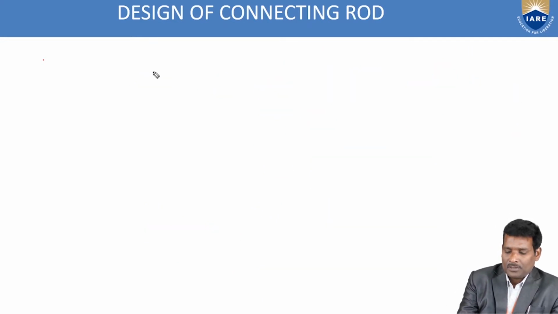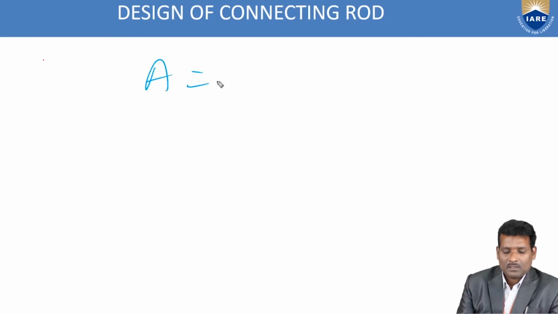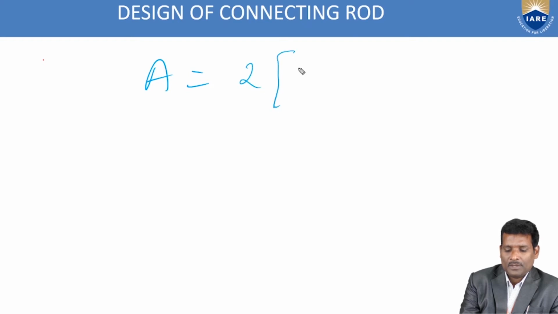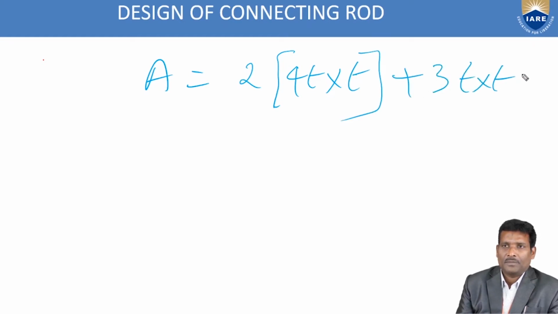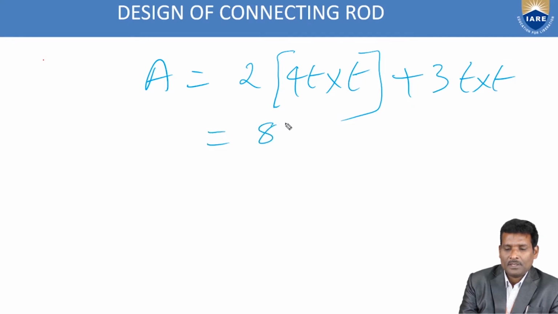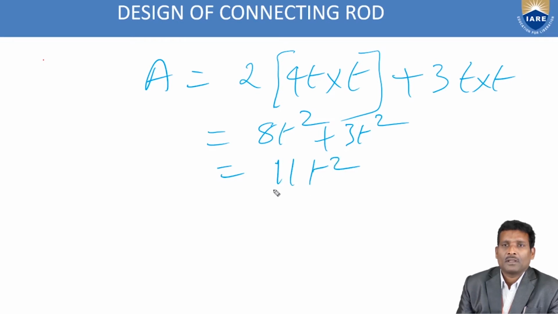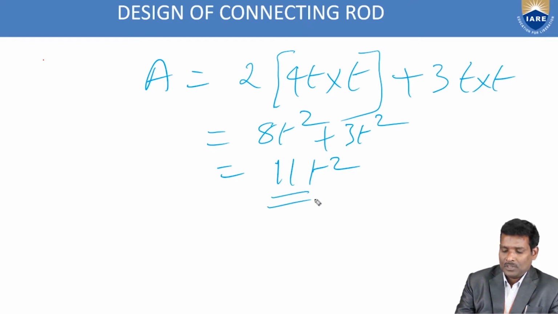After that, find the area of the cross section. That is 2 multiplied by 40 into t, plus 3t multiplied with t. So 80t square plus 3t square, that is 83t square. This is the area of cross section. Why did I take 2 times 40 into t?